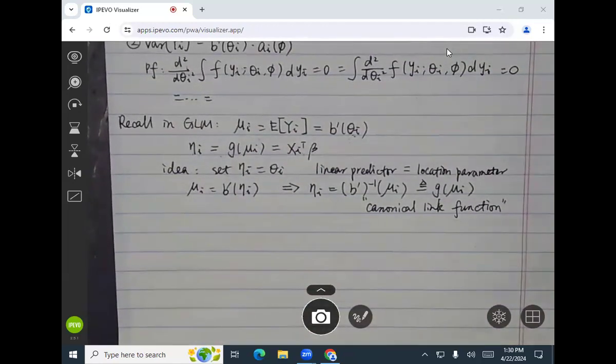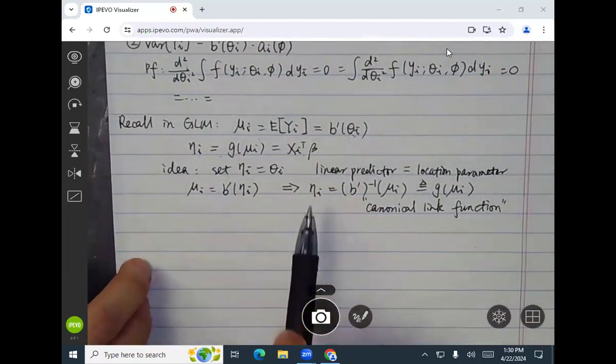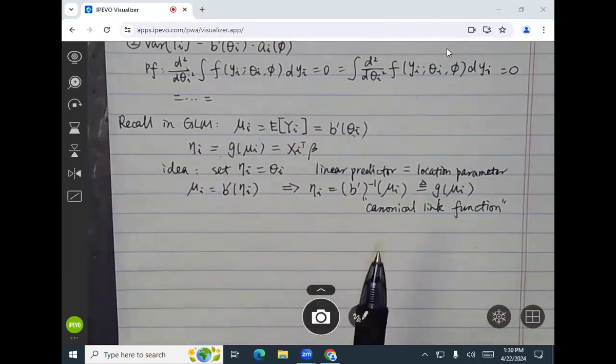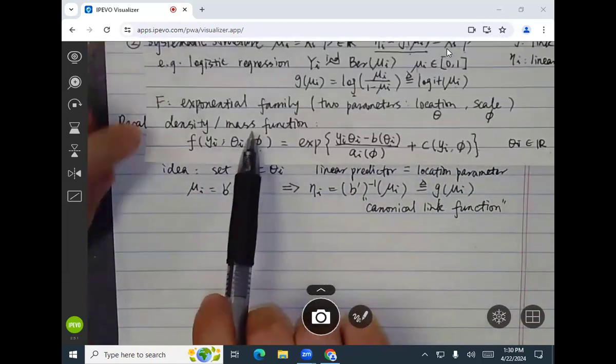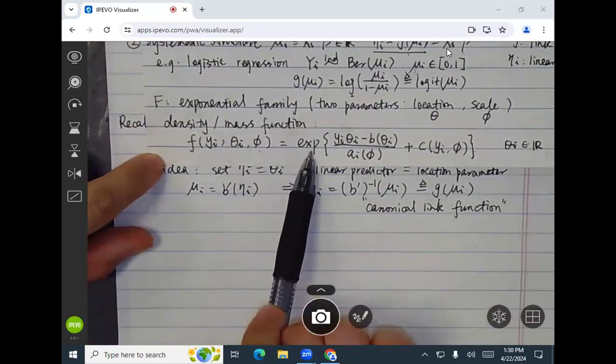But for now, the question is, how do we optimize the parameters, right? So what is the parameter estimation? All right, so again, we will do the likelihood. The good thing about assuming exponential family is that the log likelihood takes a very nice form.